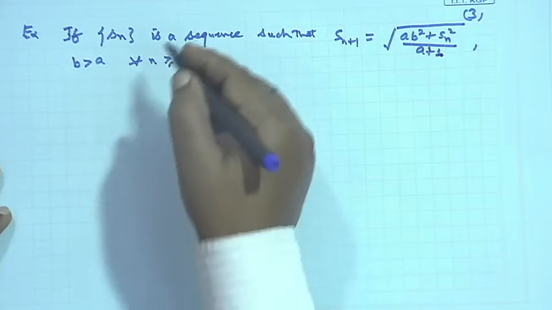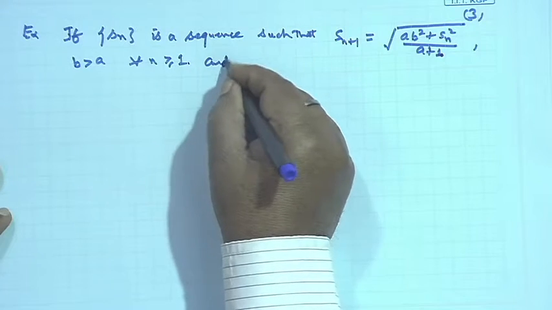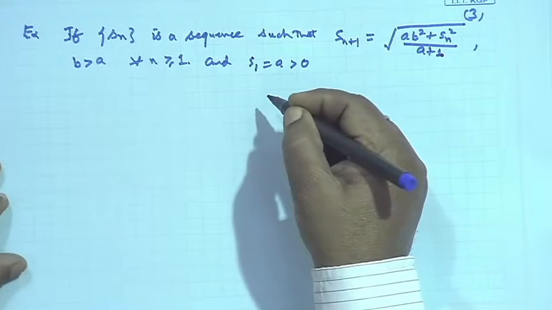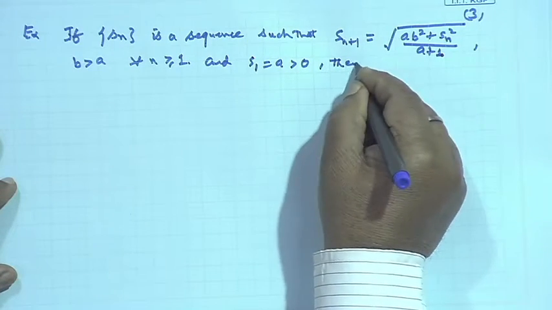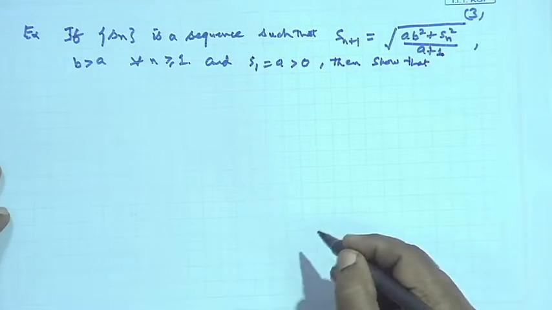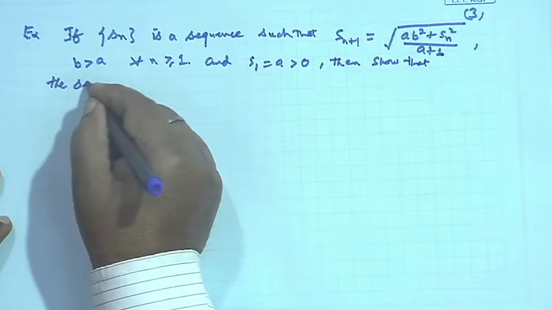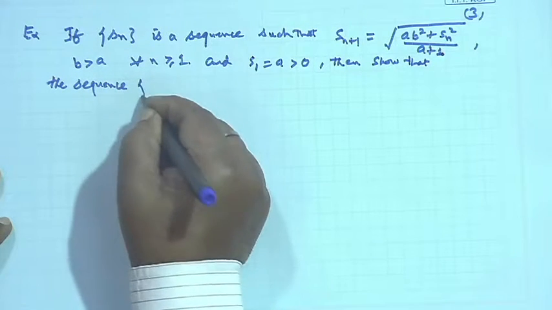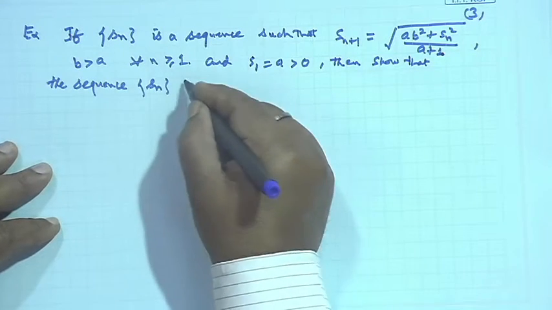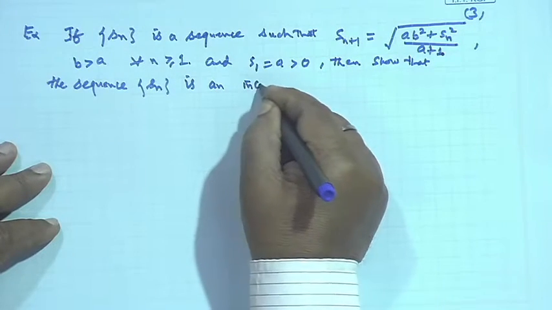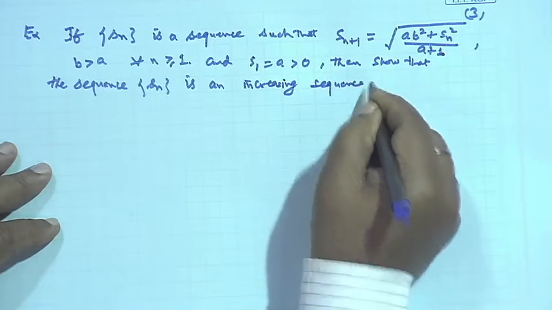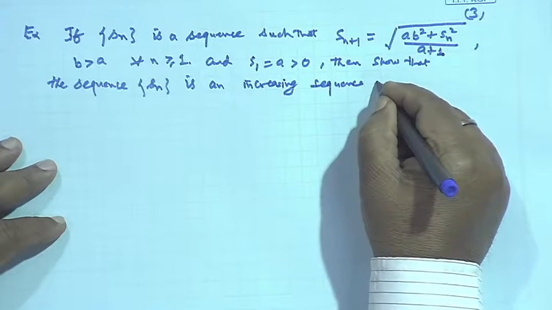Okay. And let S1 is A, which is greater than 0. Then so that the sequence Sn is an increasing sequence and bounded above.